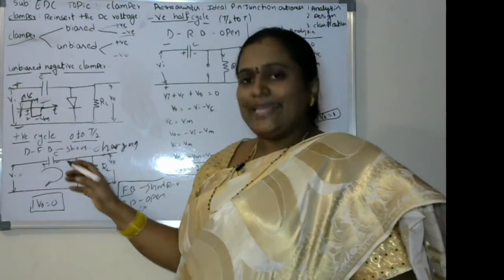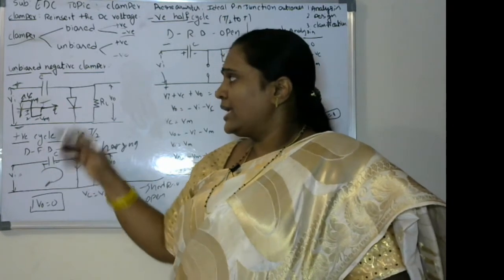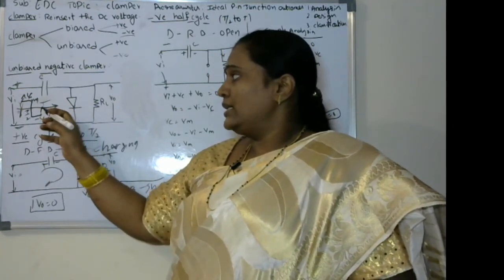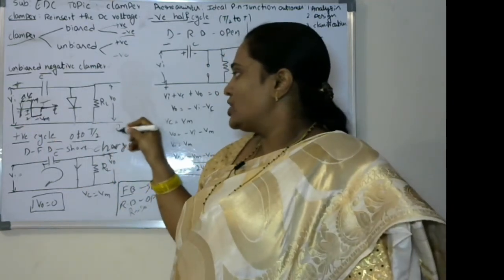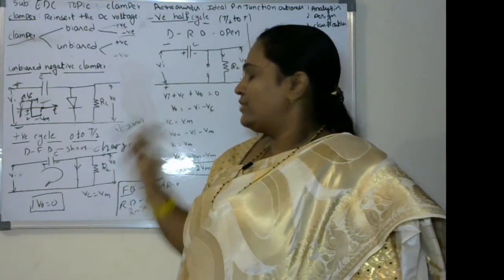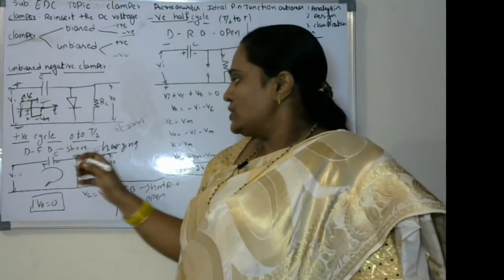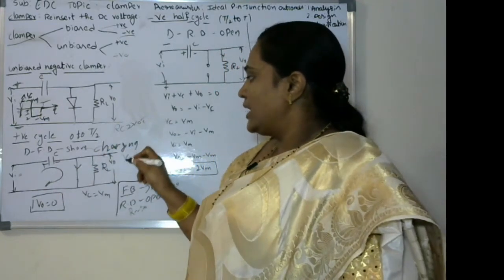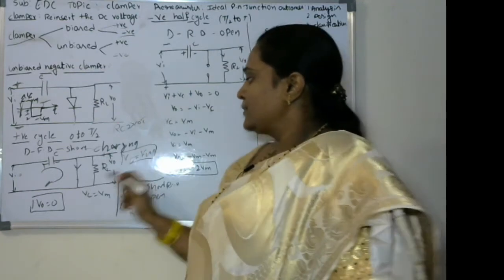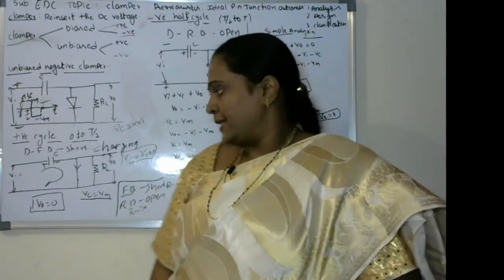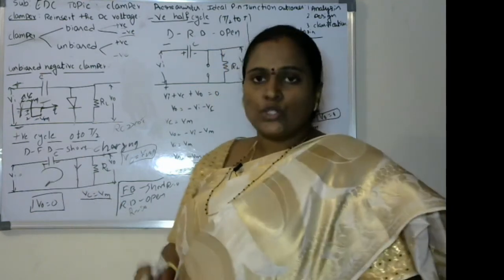It charges to Vm with respect to the time constant, and we have to consider that RC should be greater than 10 times T. So it charges very quickly, and the capacitor voltage VC will be equal to Vm. In this analysis we have one equation: VC equals Vm.